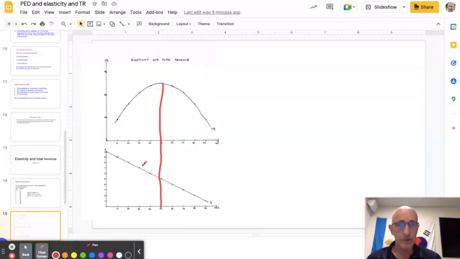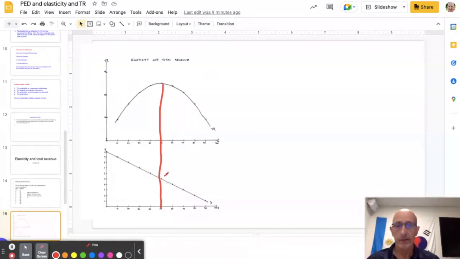Now, actually, this is more relevant for HL perhaps, but I think even so, SLs need to be aware of it: this point where total revenue is maximized is the point where PED is equal to 1. So the interesting thing about these demand curves that are not one of the extremes is that downward sloping demand curves will have varying degrees of elasticity all the way down their length.